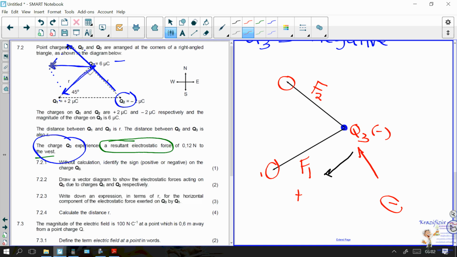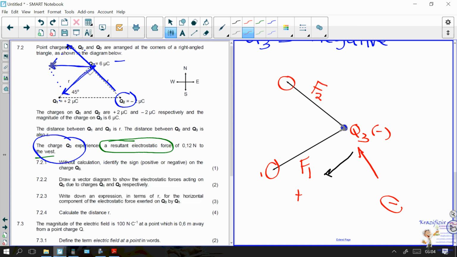It's 2 marks. Write down an expression in terms of R for the horizontal component of the electrostatic force between Q3 and Q1. Let's try to look at how to do this. Write down an expression in terms of R. We don't know R. For the horizontal component of the electrostatic force exerted on Q3 by Q1.